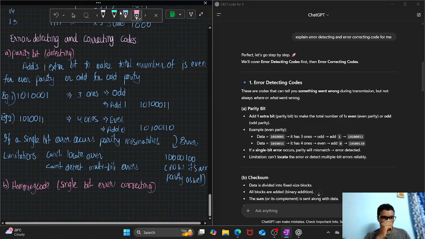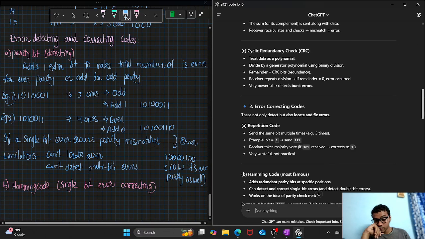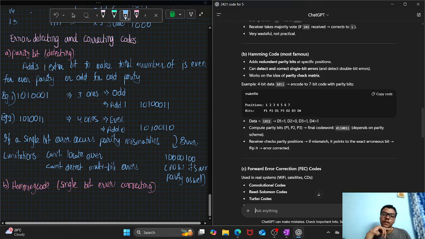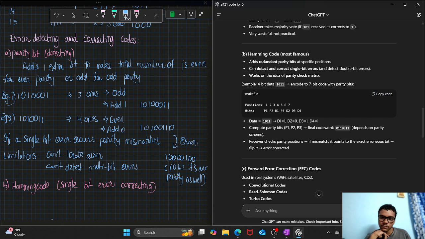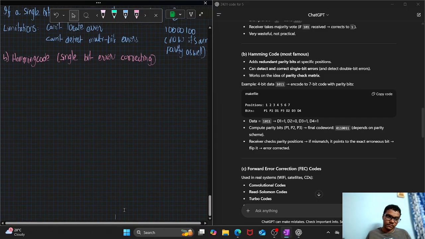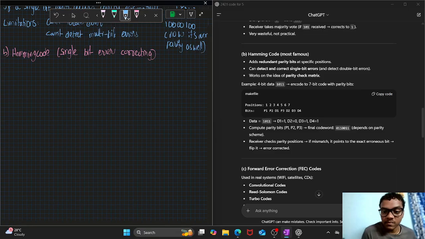Hamming code adds redundant parity bits. So this is a 7-bit Hamming code.